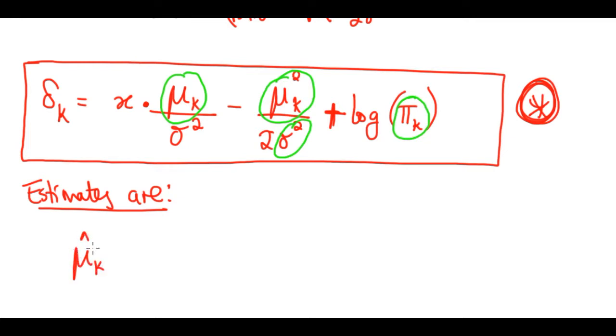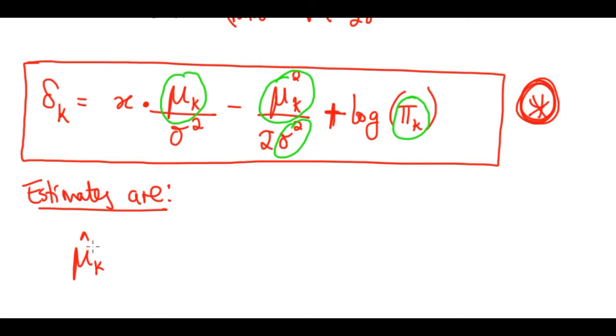remember from normal statistics, how do you get a mean of, let's say, a sample? A mean of a sample is going to be equal to what? It's going to be equal to how many things are in that class divided by what do you call this?